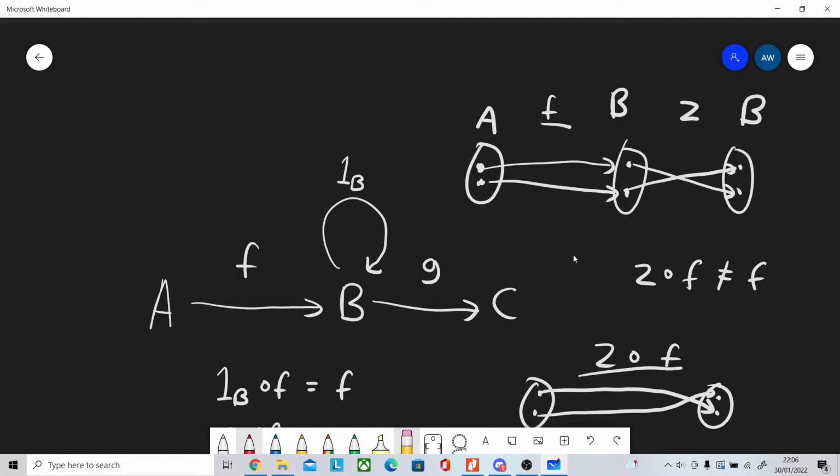However, with the identity function, it maps the same points to the same points. So the instructions from F are not modified by this extra step, right? We do F first, and then we do the extra step of composing it with Z. We have to follow another arrow, follow this arrow, and then follow this arrow.